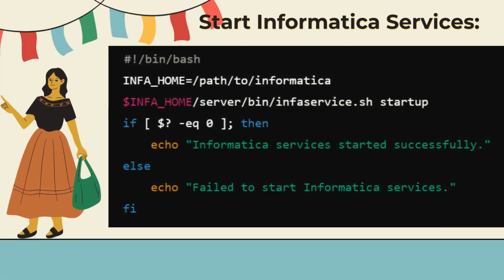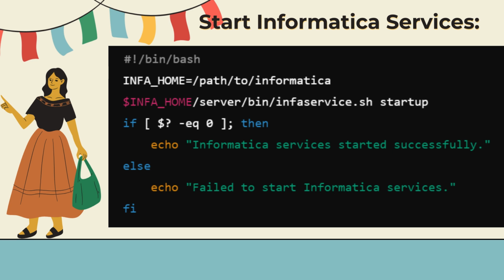Next is to start the Informatica service. We go to the home path. So first we set the home variable INFA_HOME to the path where the Informatica is installed. There we have a script called infaservices.sh, which we use to start and stop. So for start, we use startup as the parameter. To stop, we use shutdown as the parameter.